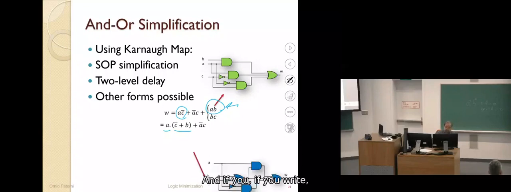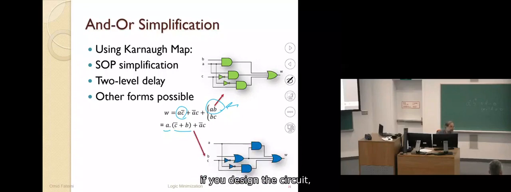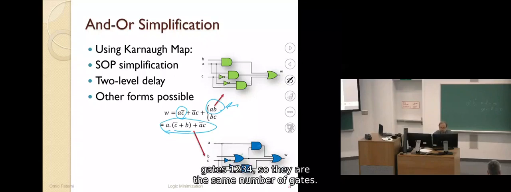And if you design the circuit, if you draw the circuit, it will do something like that, okay? In terms of gates, they are the same, even if it has 1 literal less. In terms of gates, 1, 2, 3, 4 gates, 1, 2, 3, 4.